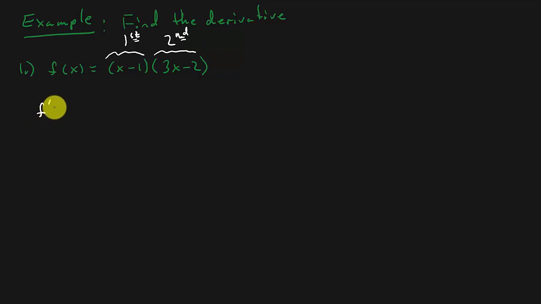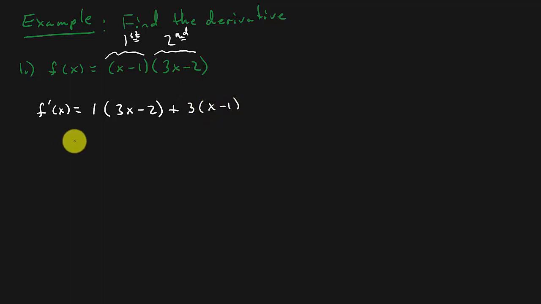So what does the product rule say? It says the derivative of the first function, so the derivative of x minus 1 is 1, times the second function, 3x minus 2, plus the derivative of the second function. Well, what's the derivative of the second function? That's 3. The derivative of 3x minus 2 is 3 times the first function.